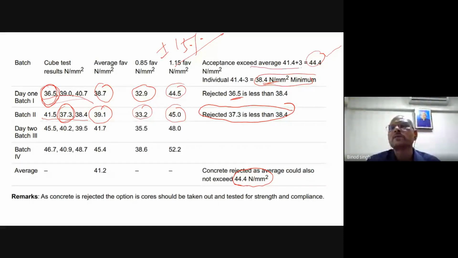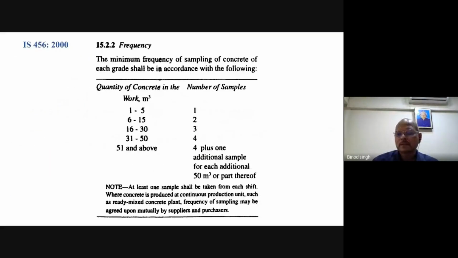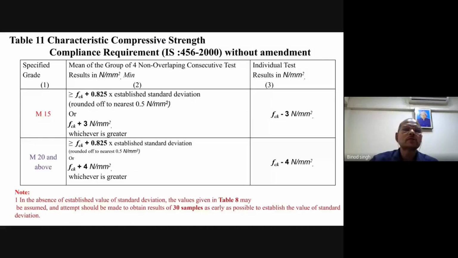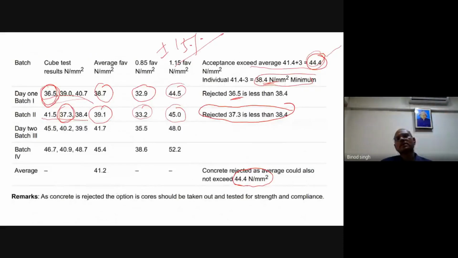Acceptance average value should be 44.4, because if you see the previous one, this codal requirement should be FCK plus 3. So this should comply with the result requirement. So what we are observing here, this batch of concrete has to be rejected.